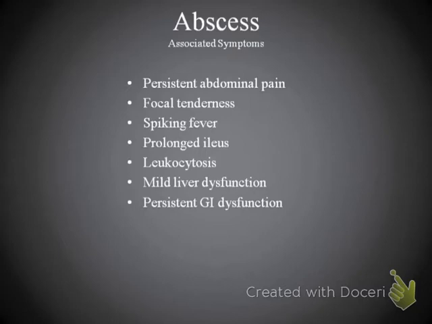So pretty much you have abnormal liver enzymes indicating that the liver is not functioning properly, or you have persistent GI dysfunction, meaning that you're eating and things should be going okay, but they're not, and so you have tons of problems anytime that you consume food or you drink things like that. You have an associated increase with pain, discomfort, things like that. All can be indicative of an abscess.